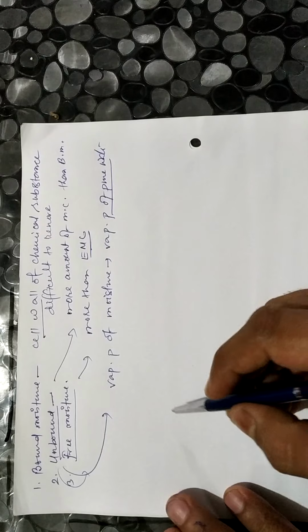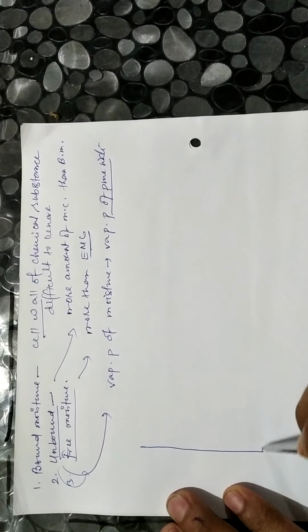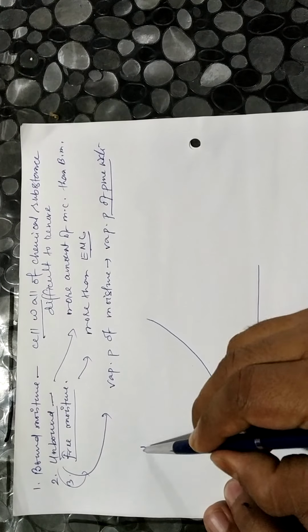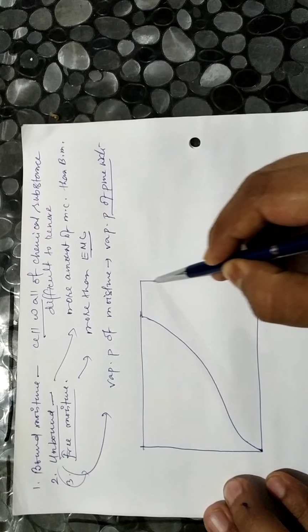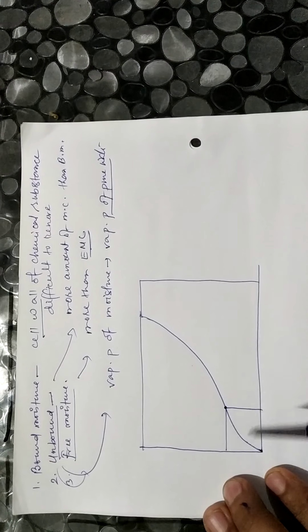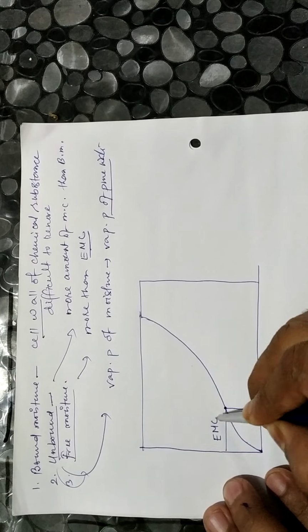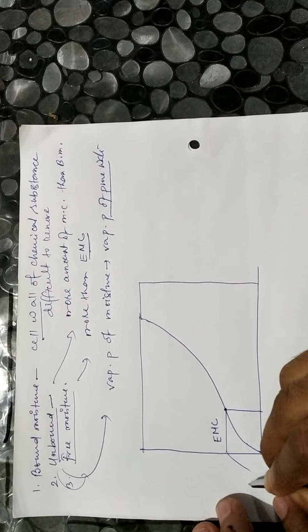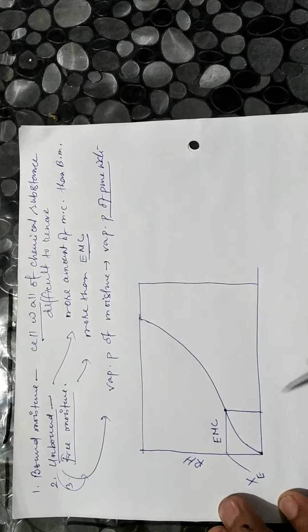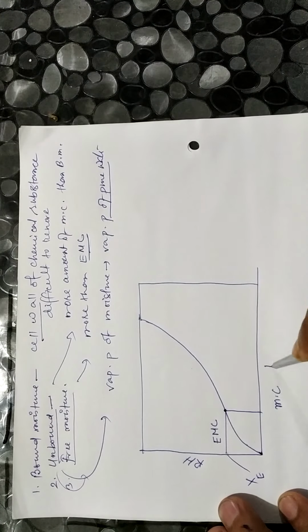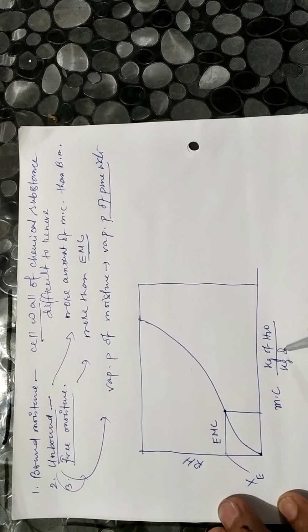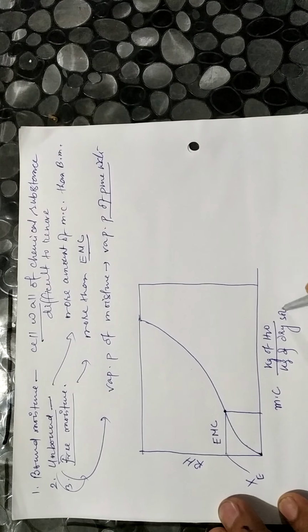If you look at it graphically, the three moistures can be represented in the same graph. You know that the EMC curve looks like this. From that you can show the other moistures as well. Up to this point is the equilibrium moisture content, also represented as XE. Here this axis represents relative humidity, and that axis represents moisture content, in kg of water vapor divided by kg of dry solid or dry matter.